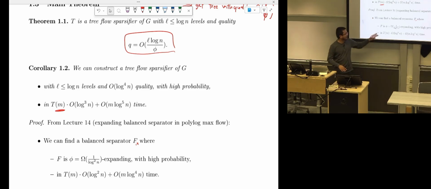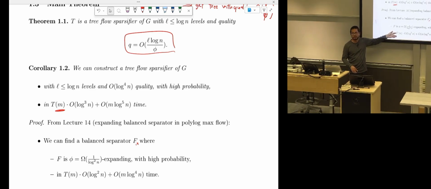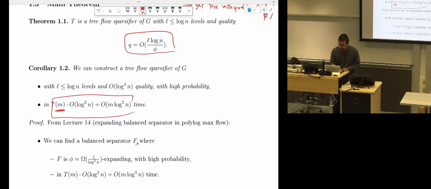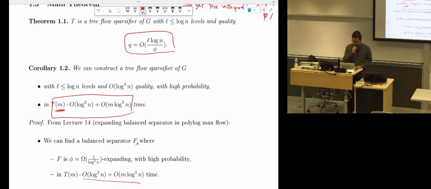So the total running time is this thing times log n. That's why the running time is something like this, just this times log n, because we do this and one more max flow call.